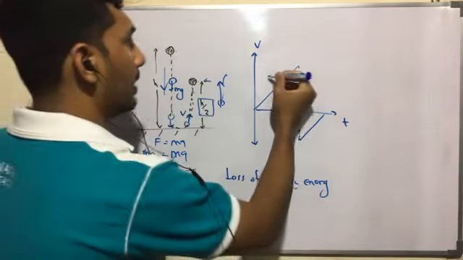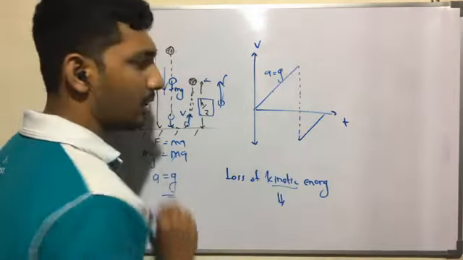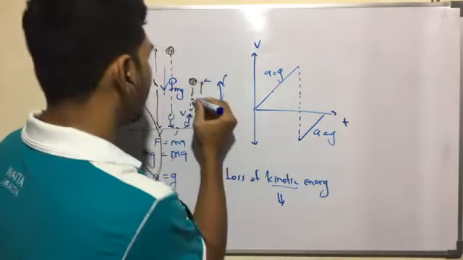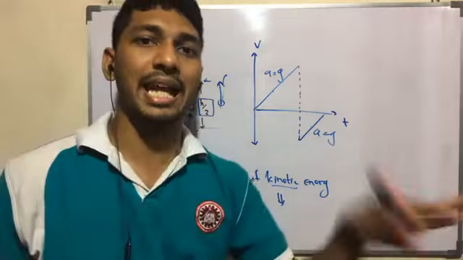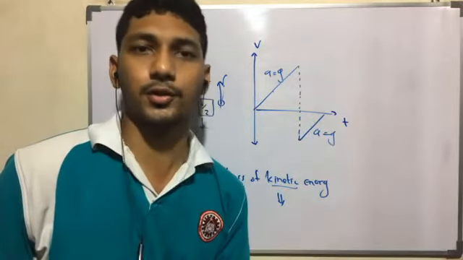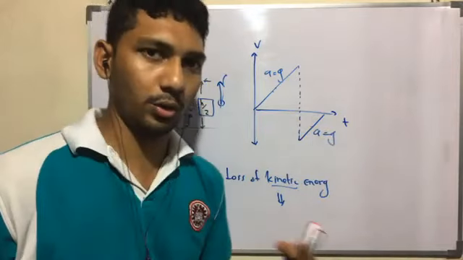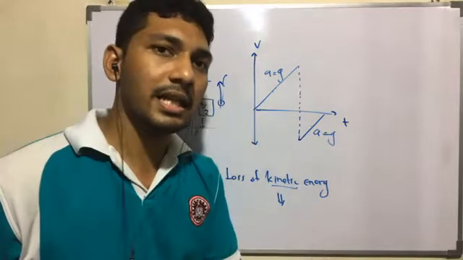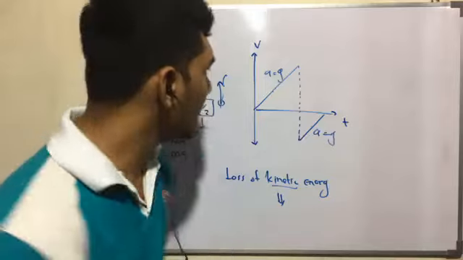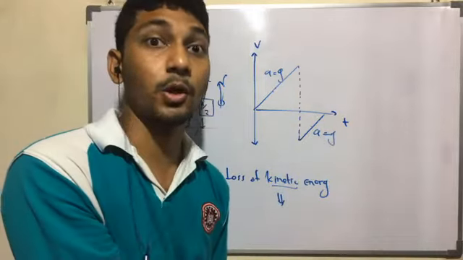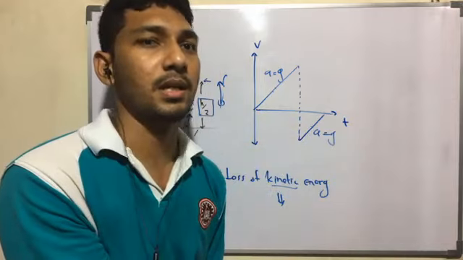Here also, a will be equal to g, because mg is the only resultant force on the object. So for these two motions, the acceleration is the same. That means the gradient of these two segments should be the same.